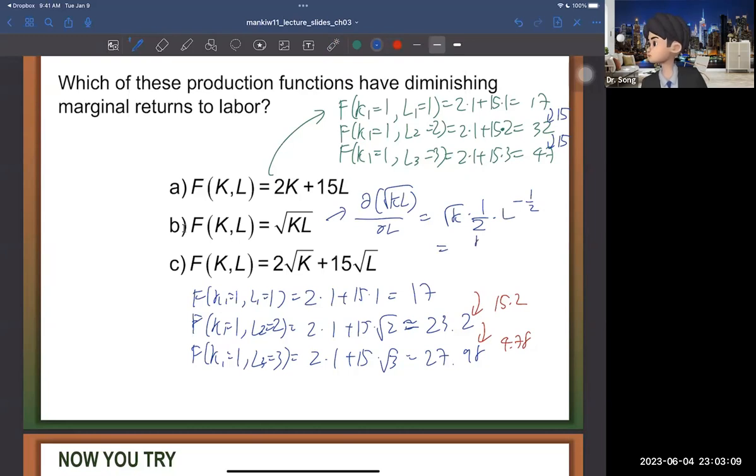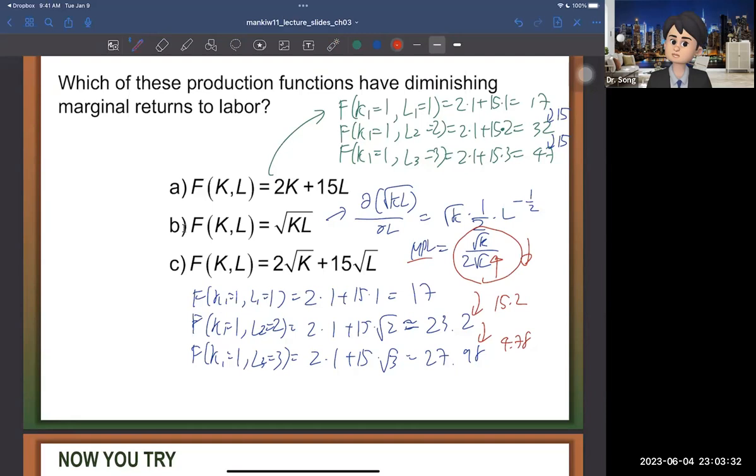That is square root K over square root L, and here we have a 2, okay? This one by itself is the MPL. When L goes up, this whole thing goes down. That means this one shows a diminishing marginal product of labor. Okay?